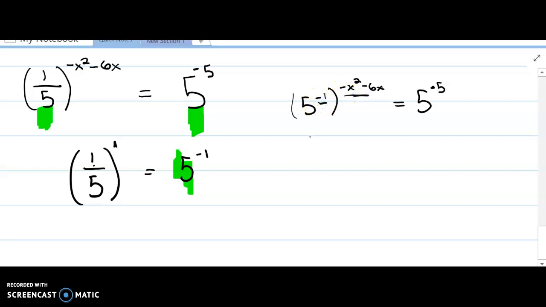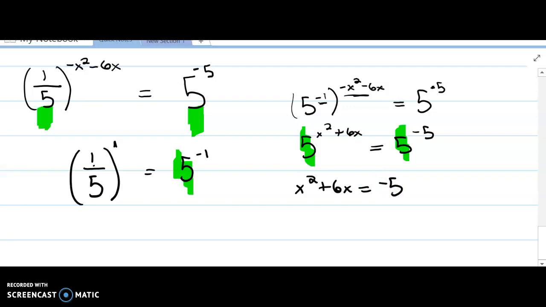I have to multiply them, so I get 5 to the x squared plus 6x is equal to 5 to the negative 5th. My bases are the same, so that means I can set my exponents equal to each other. So I have x squared plus 6x is equal to negative 5.